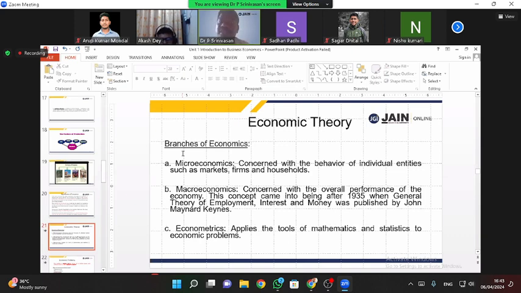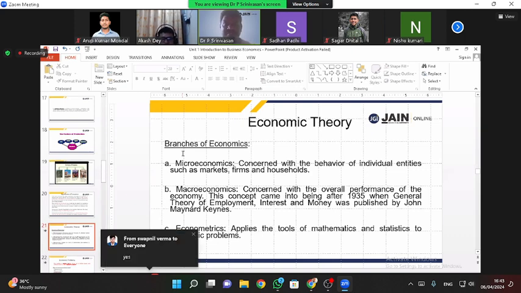So micro and macro are both very important. We should not avoid macro, because our business is subject to external factors. Take the rate of interest: my investment decision is based on an external factor called the rate of interest.